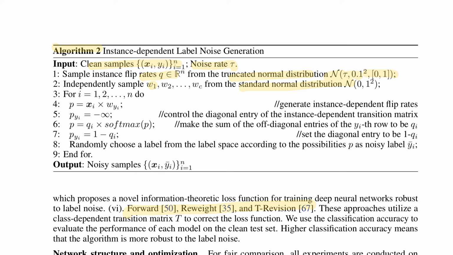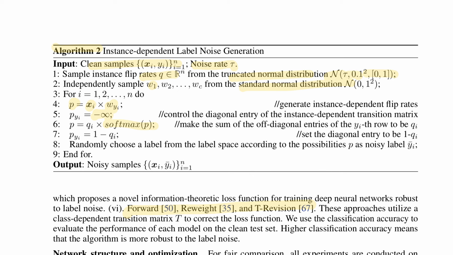Now for each one of the items, what they do is this. Let's say item i has a real label yi. They have this w here. Now they want to generate a flip rate, therefore they consider xi and wi. This is going to be the probabilities for xi based on the vectors associated with yi. Now they also control the diagonal entries for this matrix by setting this to -infinity so that you don't have the flip to itself possibility.